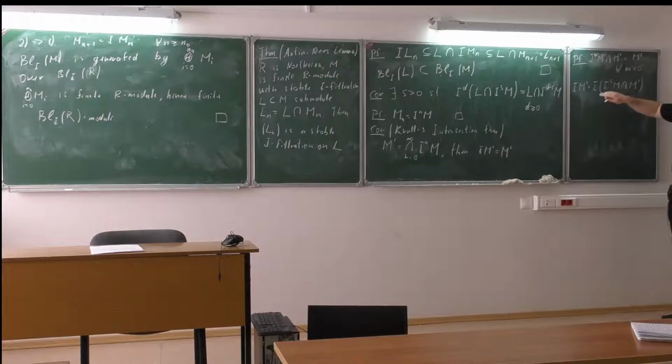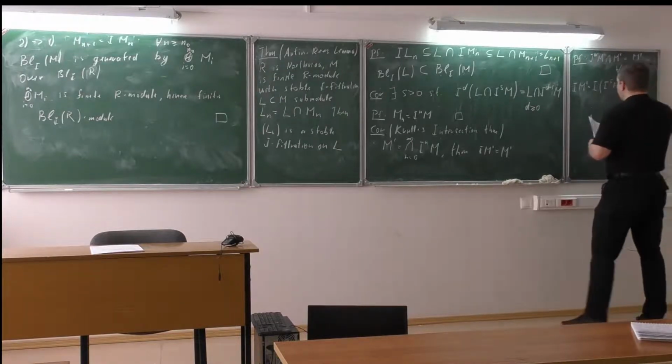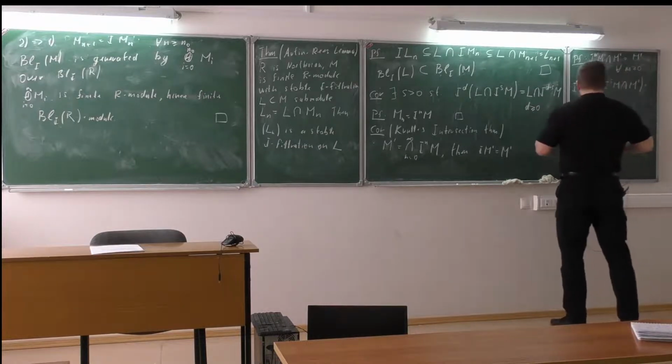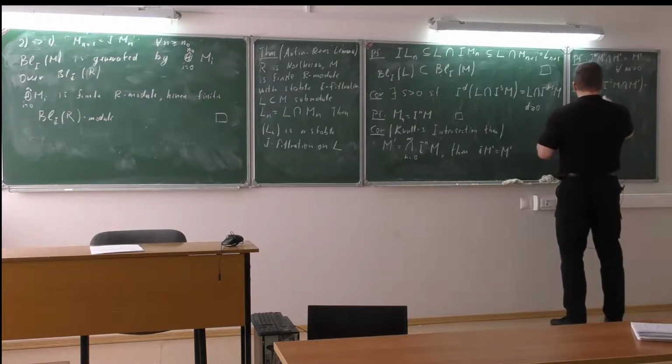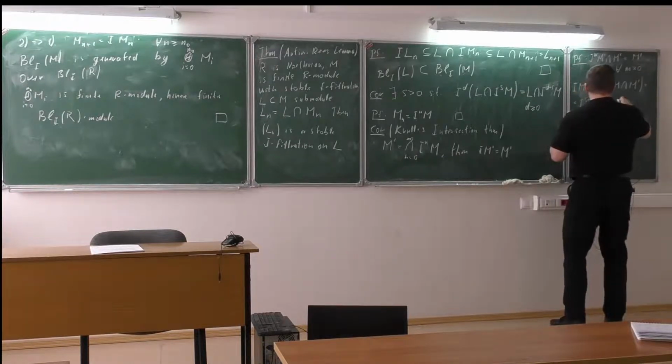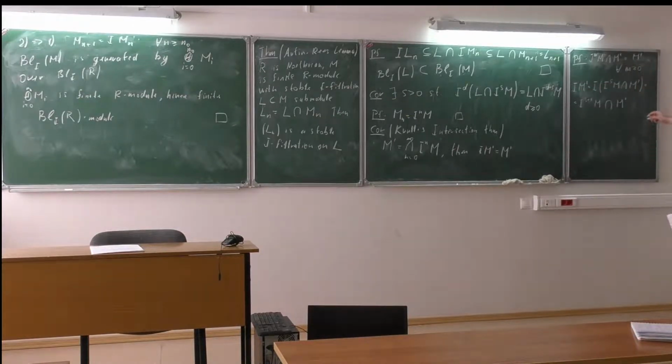On the first step, I'm just replacing this M prime using the previous observation, using S instead of m. On the next step, I use the Artin-Rees lemma to rewrite this as I^(S+1) M, and then I need to take the intersection with M prime. So use the Artin-Rees lemma, where you're supposed to use it when M prime is the L. But again, this intersection is the same as M prime.